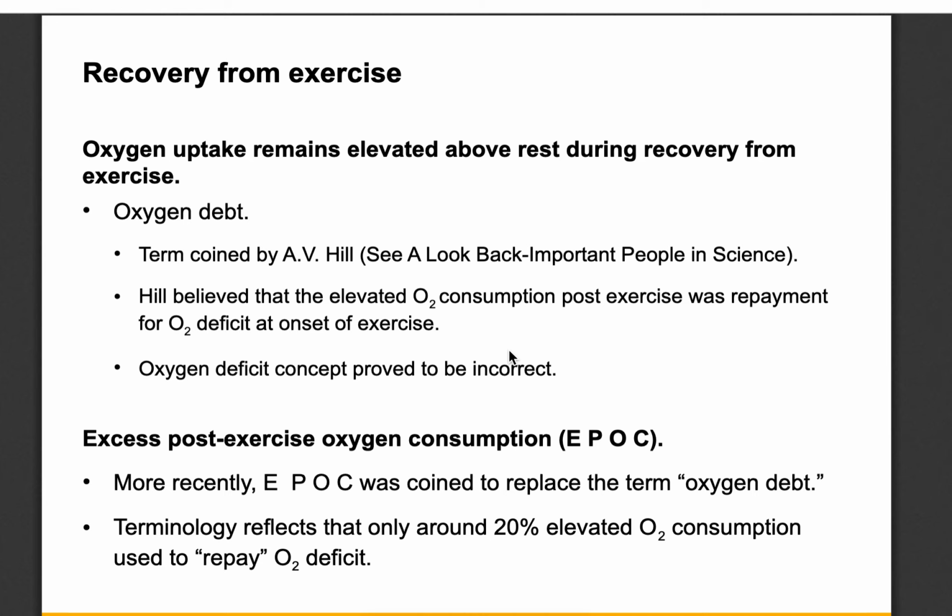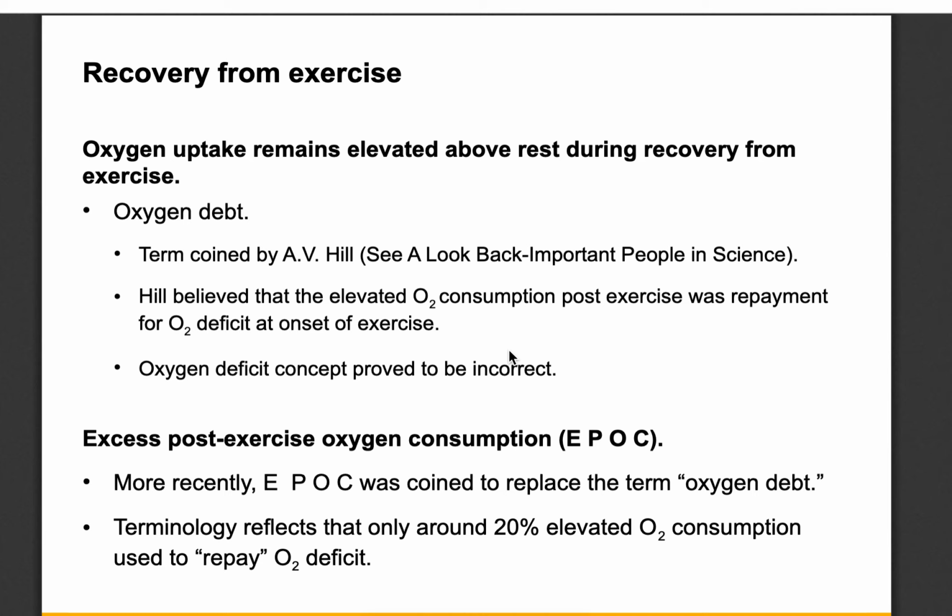But the concept proved to be incorrect over time. So now, if you see oxygen debt, you're more referring to a newer term called EPOC, or excess post-exercise oxygen consumption. That's the more recent term, and it's a better way of describing what's going on. They're kind of interchangeable.